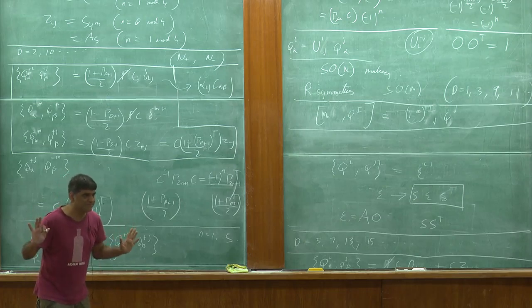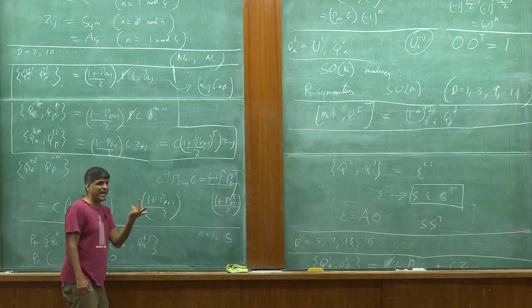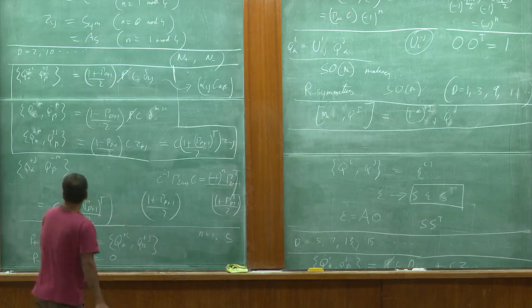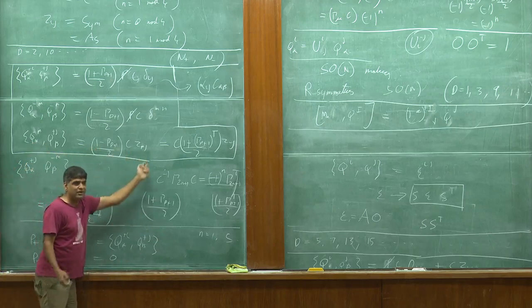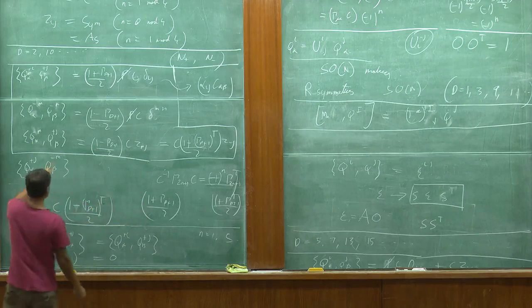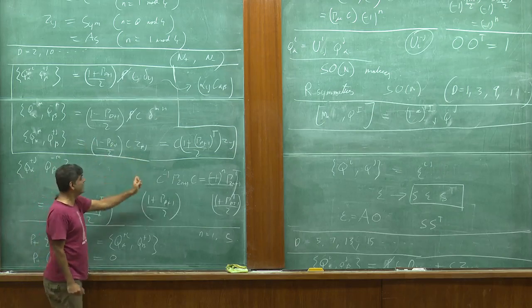Clear? With the commutator it makes a difference of a minus sign, but the anti-commutator makes no difference. So whatever we get is just the transpose. Whatever we have here, we interchange alpha with beta and beta with alpha. So we just have to take the transpose of this, and that is what we will get.